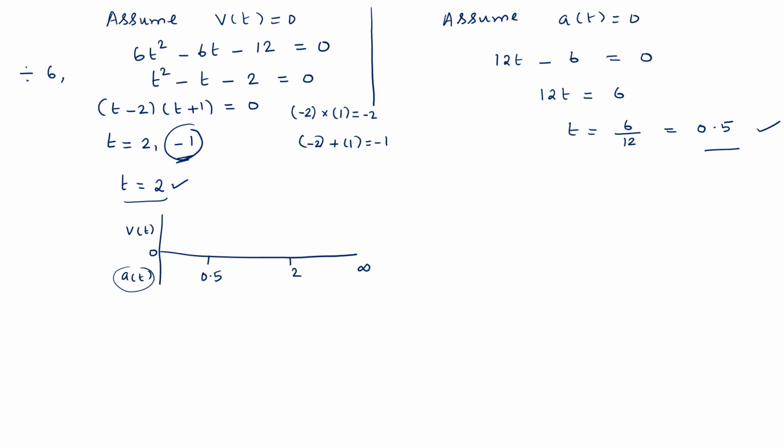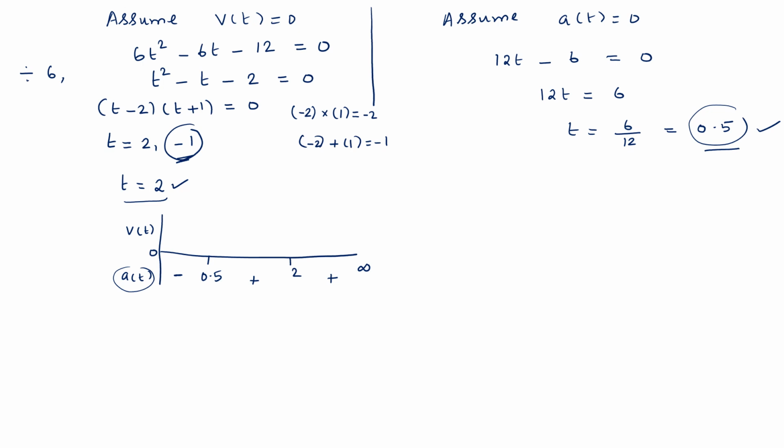For t value 0.5 in this equation, a of t is 12t minus 6. Replacing t by 0.5, 12 times 0.5 minus 6 is equal to 0. So for any value less than that, it should be negative. So simple idea: t is 0.5 for a of t. In this place it is negative, and more than 0.5 a of t value should be positive.